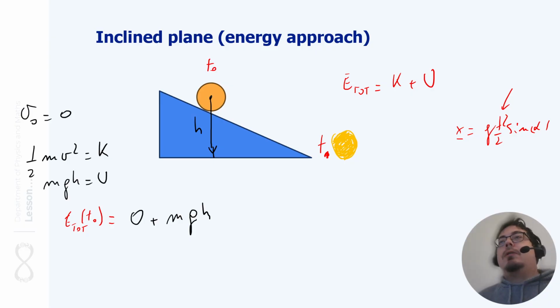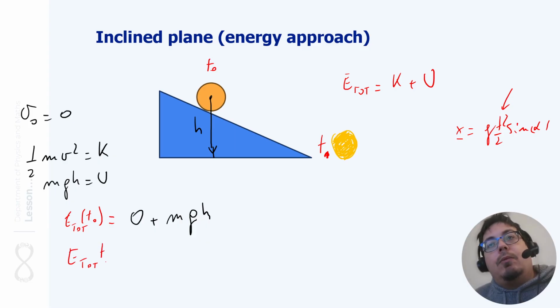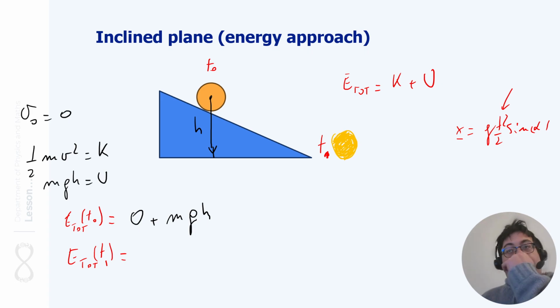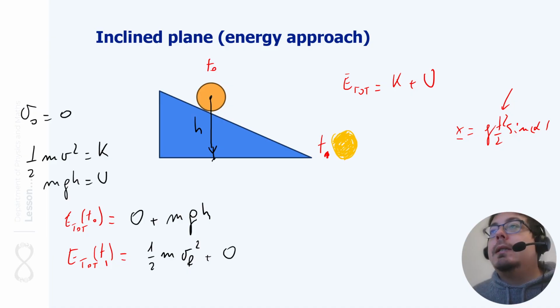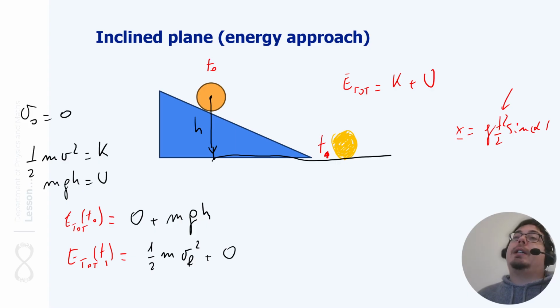Now the total energy at time 1 will be fully kinetic. It will be one half m v final squared plus 0, because we say that this is the 0 point for the gravitational potential energy, and we calculate the gravitational potential from this point here.